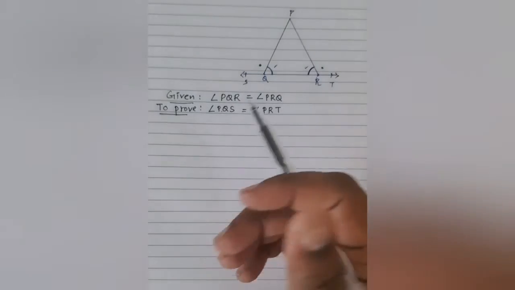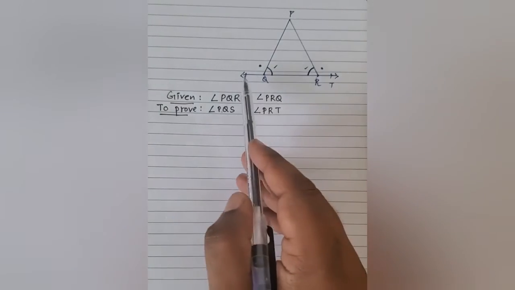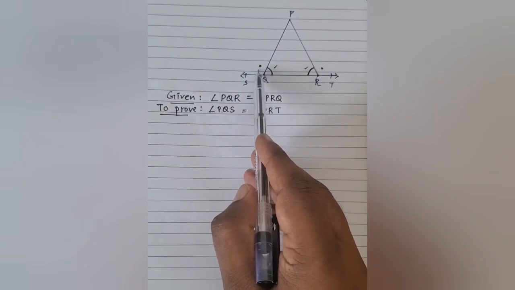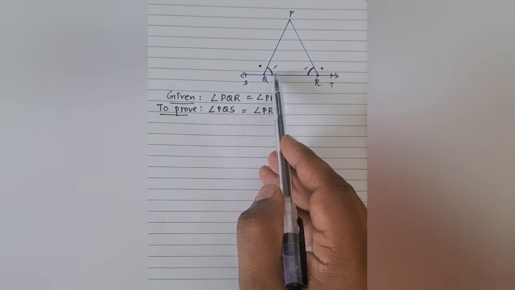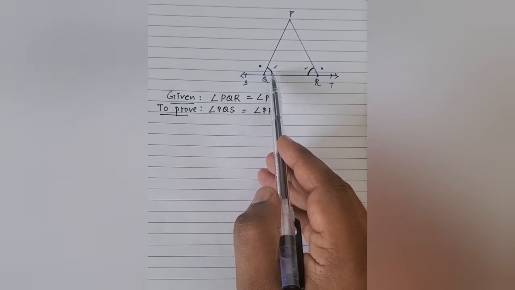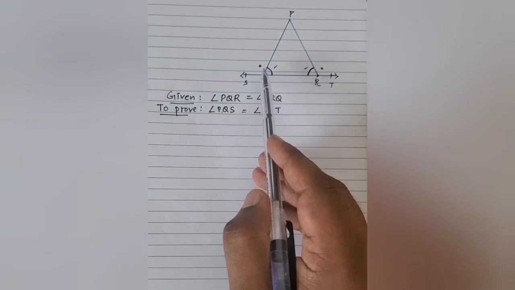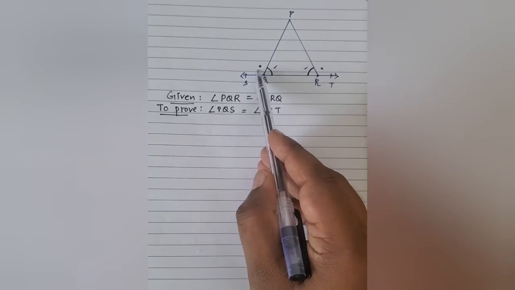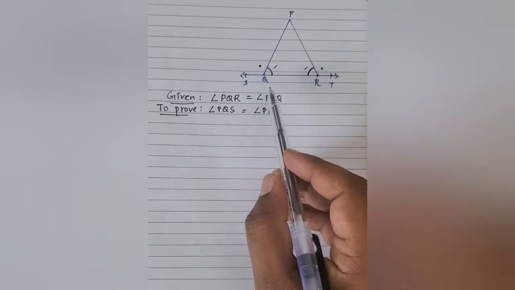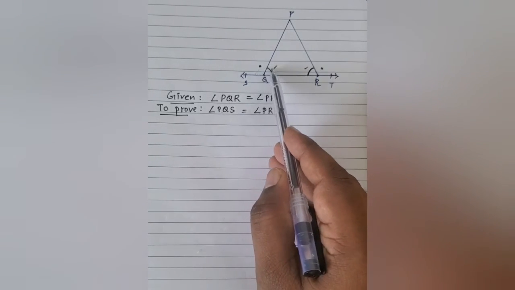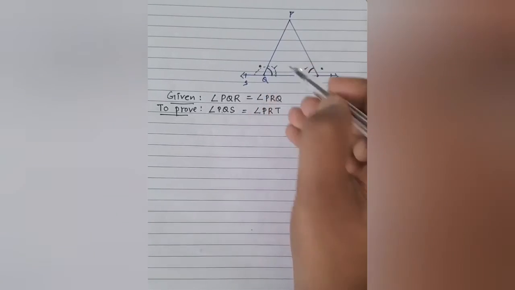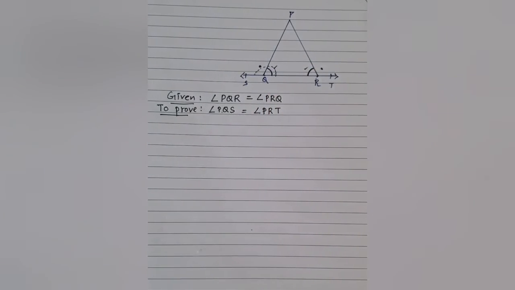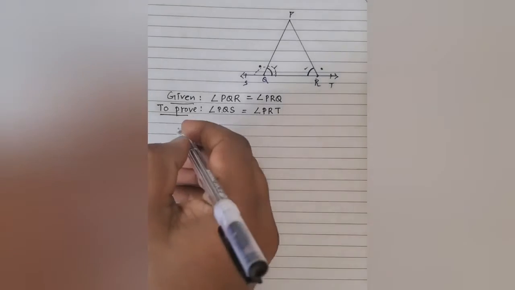Now, how would I start? By realizing that these two angles form a linear pair, and a linear pair of angles is always 180 degrees. You can call it an adjacent pair of angles or a linear pair of angles. So the total of these two angles should be equal to 180 degrees.